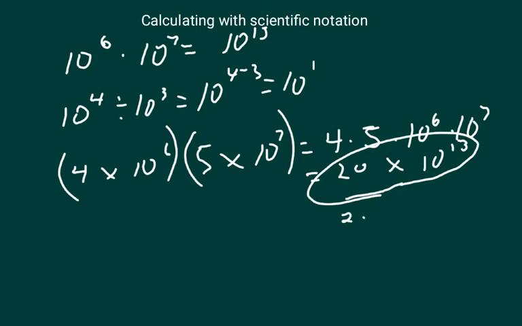So I can make this 2 times 10 to the 1st power times 10 to the 13th power. Now it's still not scientific notation, but it's getting easier to see what it should be. Can you get it? 2 times 10 to what power? Hope you're thinking 1 and 13 make 14. 2 times 10 to the 14th power.